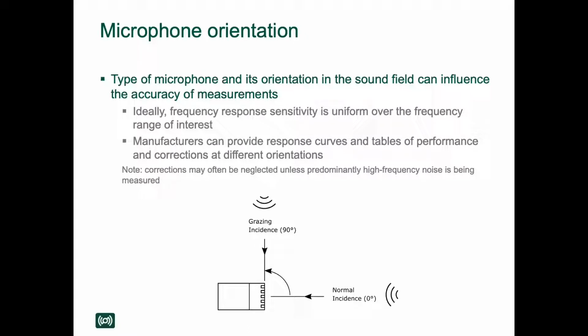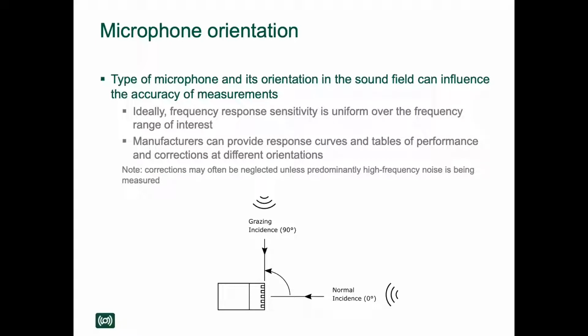The illustration on the slide shows the microphone capsule and examples of sound waves arriving at 0 degrees or normal incidence along the axis of the microphone, and at 90 degrees or grazing incidence across the microphone diaphragm. The high frequency sensitivity of the mic at grazing incidence is lower compared to the normal incidence orientation.